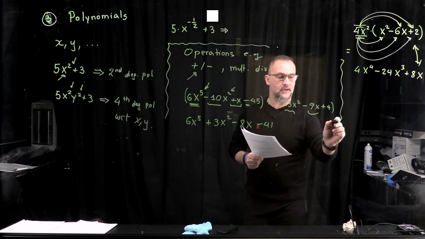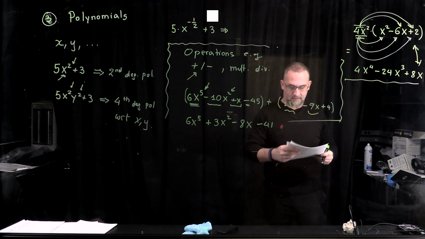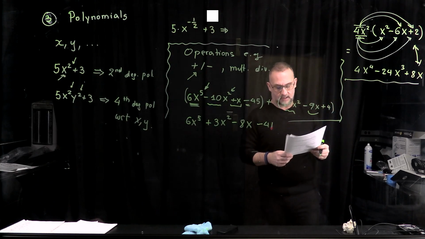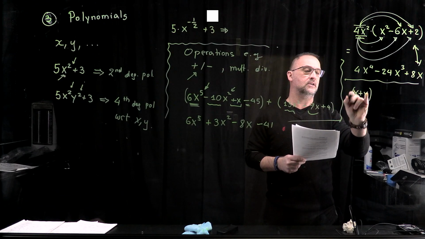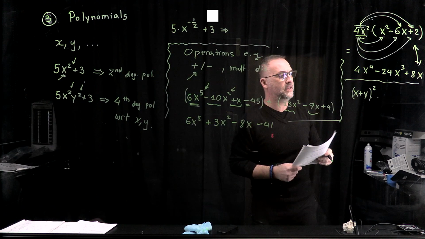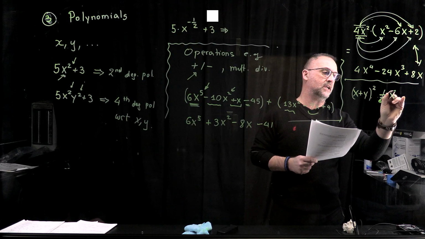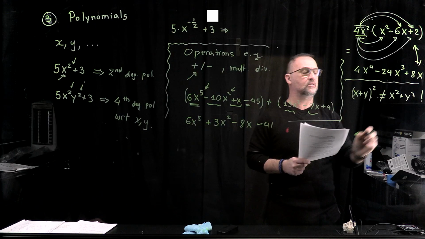Other kinds of multiplication operations, we call them algebraic identities, are of the sort of x plus y squared. The parenthesis is very important because, again, I remind you, this is not equal to x squared plus y squared. Not equal, very important, careful.